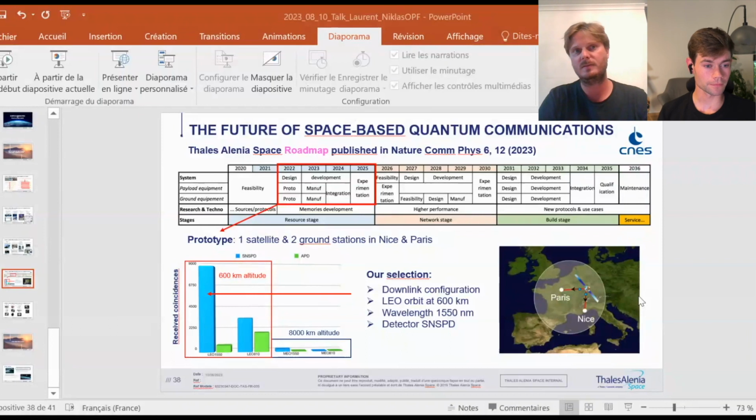So typically for GPS, the global positioning system, we are using satellites at 20,000 kilometers, and Galileo typically. The Galileo satellites are sufficiently far away that you have a significant time, because you need to see 3 satellites at the same time.